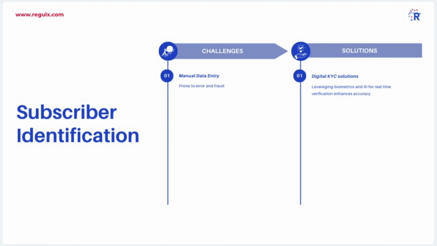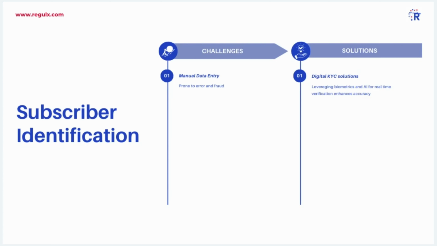To collect the data about your customer, you can do that manually, but this is prone to error and fraud. It's easy to use fake identities to create accounts or to buy SIM cards, etc.